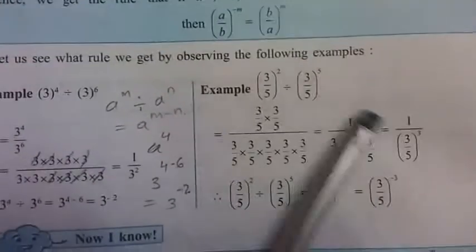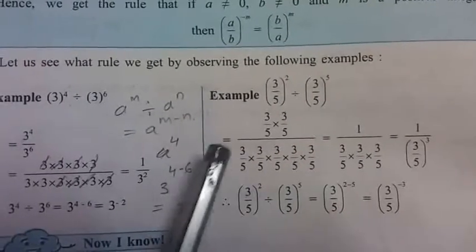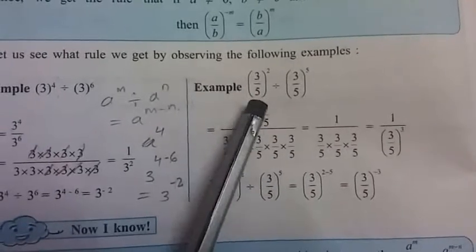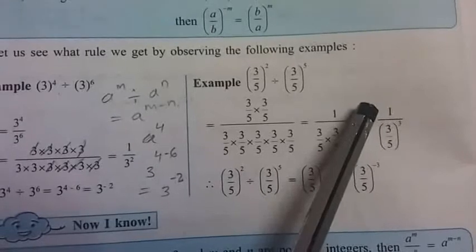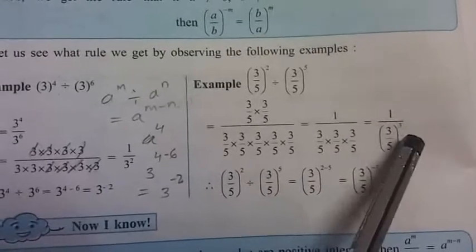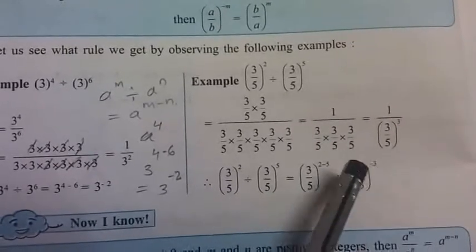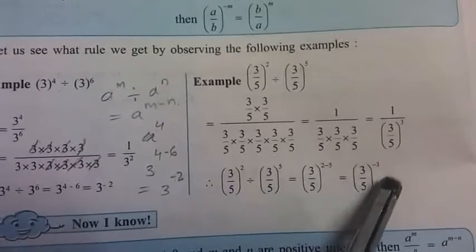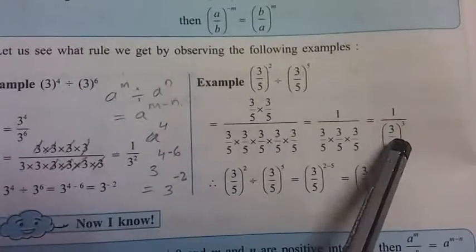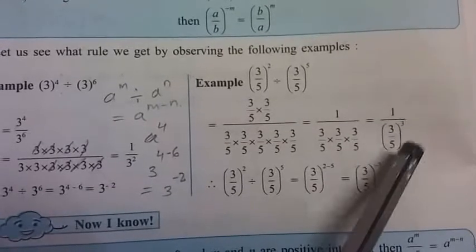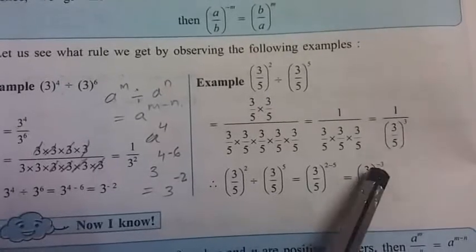3 upon 5 raised to 2 divided by 3 upon 5 raised to 5. After writing it out, at the last your answer is 1 upon 3 upon 5 raised to 3. And the final answer is 3 upon 5 raised to minus 3. This goes in the upward direction, so this positive 3 gets converted into negative 3.